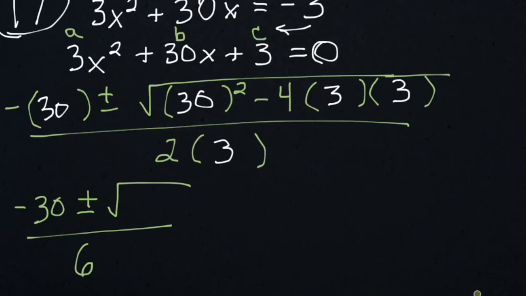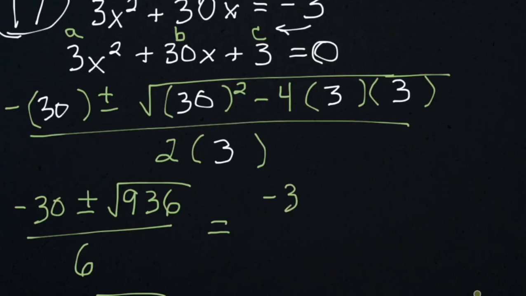The stuff under the radical, 30 squared minus 4 times 3 times 3, ends up being 936. Check and see if it's a perfect square. Nope, it's not. Let's try and divide it by a perfect square. So we're going to break it down. The square root of 936 is also the square root of 36 times the square root of 26. Well, the square root of 36 is 6.